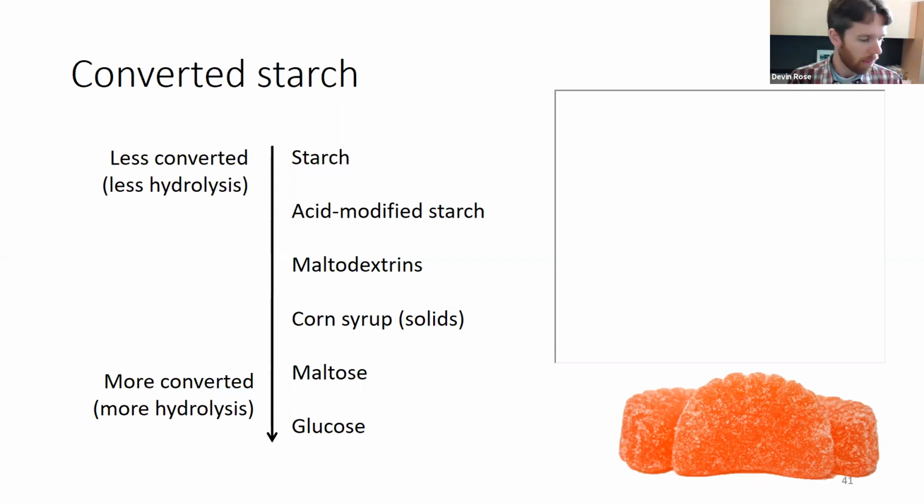So, overall in this section, I really would like you to sort of remember the major functions and uses of each of these starches. I think it's really important. And I do feel like a lot of times we go through these and then I ask, what is this starch's functionality, or what types of products is it used in?